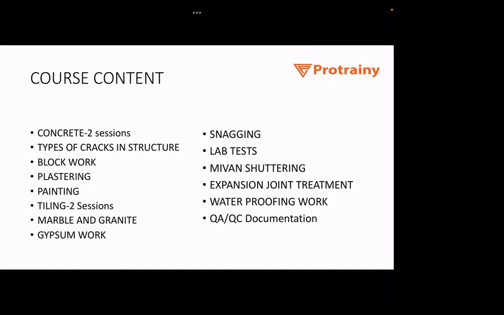Some are structural cracks and some are non-structural cracks, and there are different patterns involved. I'll go ahead within that session with pictures of the different cracks, how to identify what is a dry shrinkage crack or what is a structural crack.